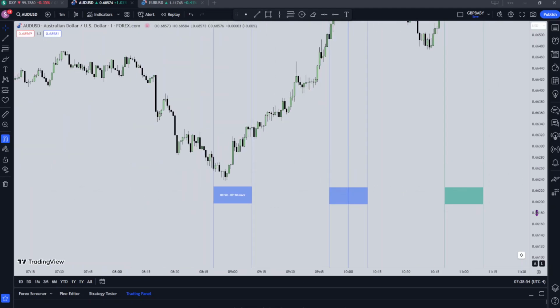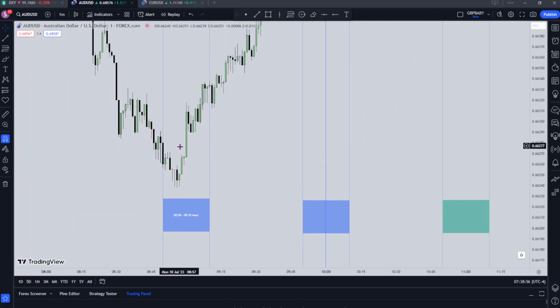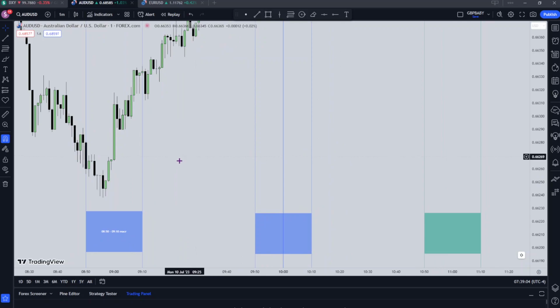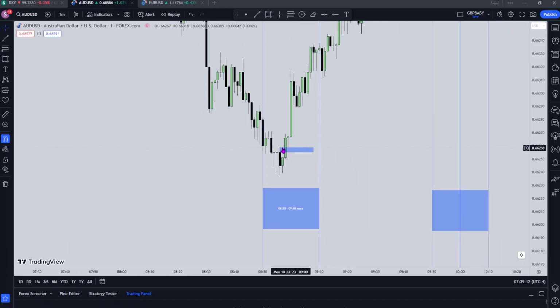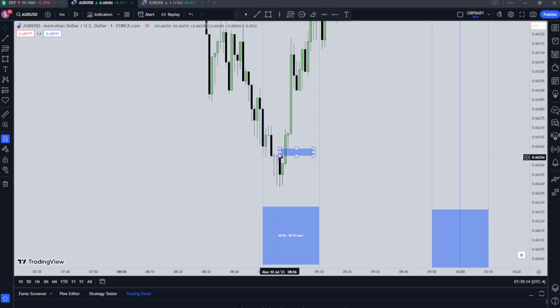I can already see that there's a clear breaking market structure here, and then a pullback that would offer an entry. Or if you wanted to be aggressive, an aggressive entry here. Then again, this just trades the high of it, I think.